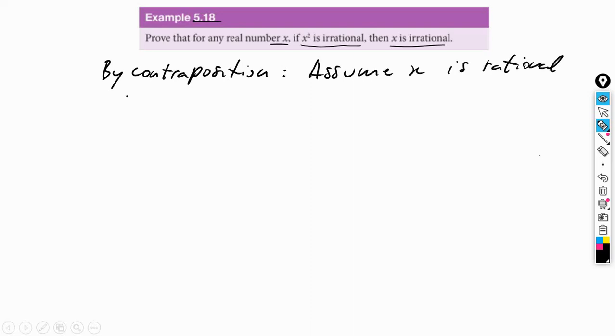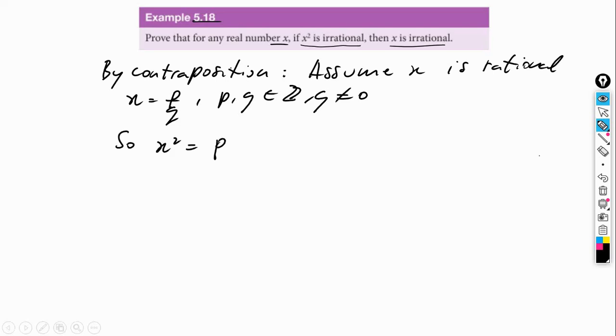Therefore, we can write x in the form p divided by q, with p and q belonging to the integers, and q is different from 0. So x squared is going to equal p squared over q squared, and by definition, p squared and q squared belong to the integers, and q is not equal to 0.